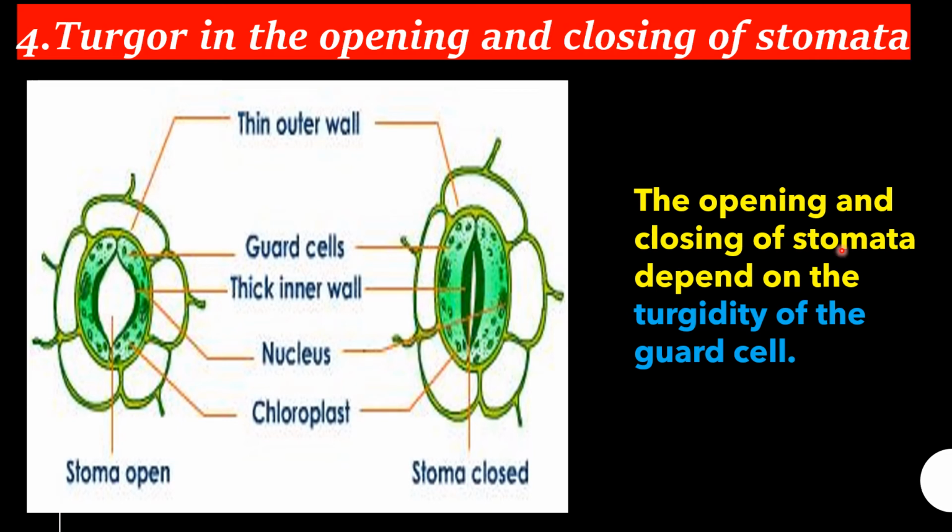The opening and closing of stomata depend on the turgidity of the guard cells. What is the difference between stomata and stoma? Here we can see this is stoma, this is stomata. What is the difference? Stomata is the plural form, stoma is the singular form.